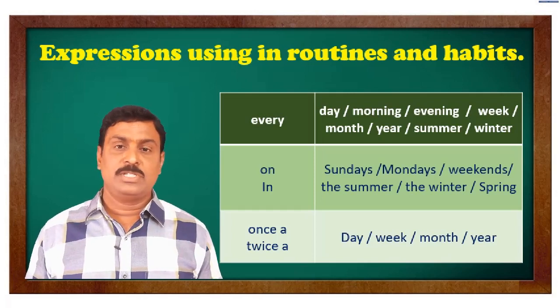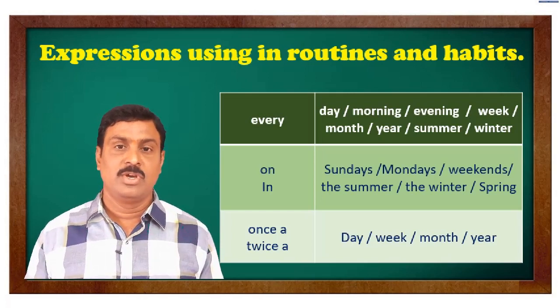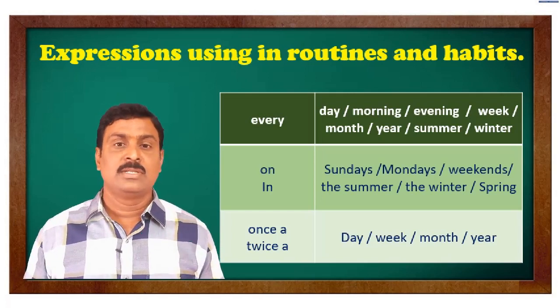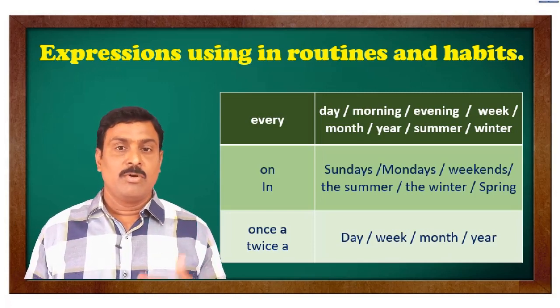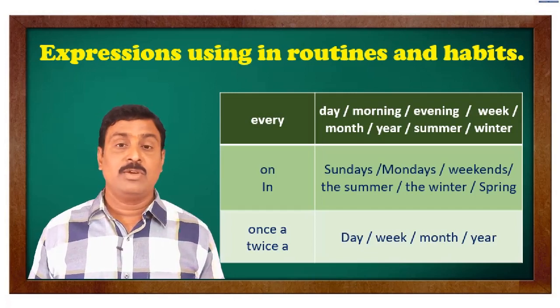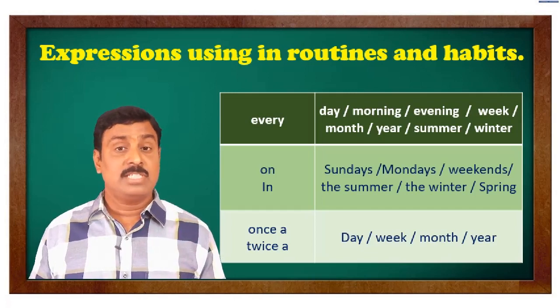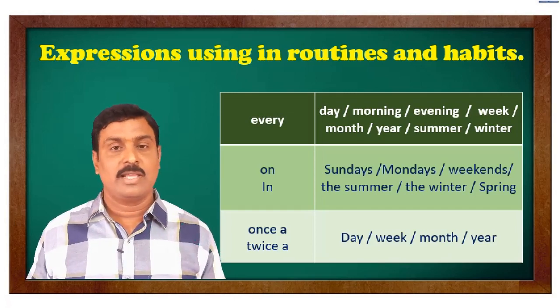We use the preposition on in on Sundays, on Mondays, on weekends, like this. We use the preposition in like in the summer, in the winter, etc. We use expressions like once a, twice a in once a year, once a month, once a day, twice a year, like this.